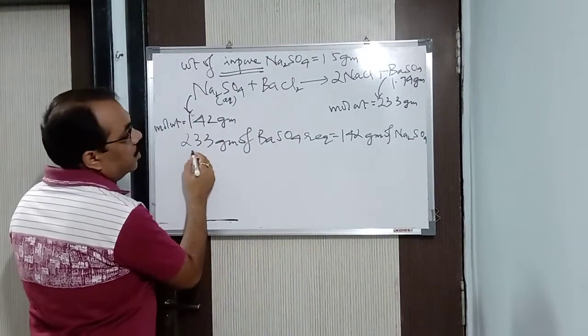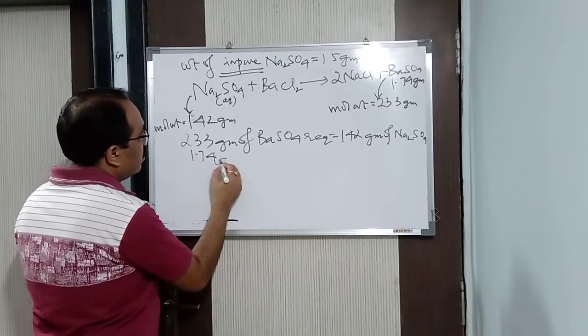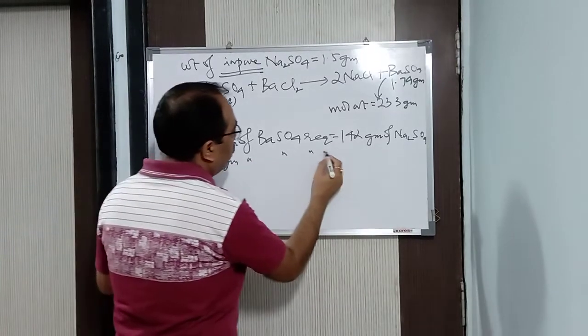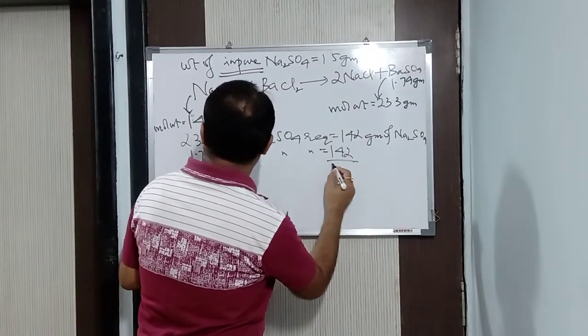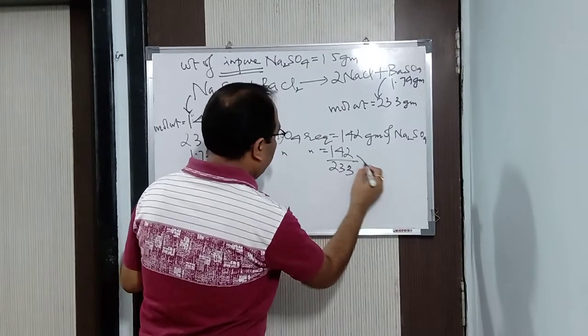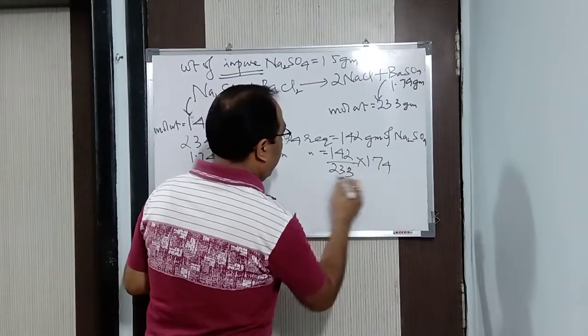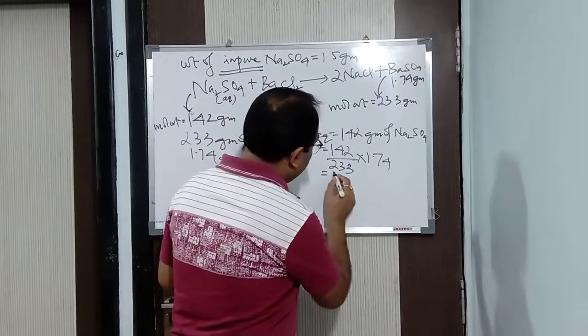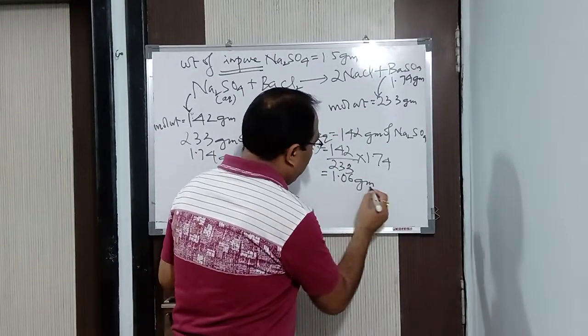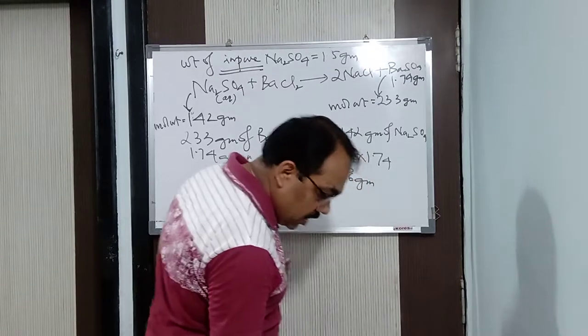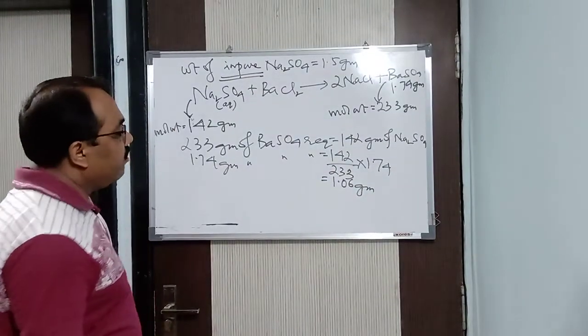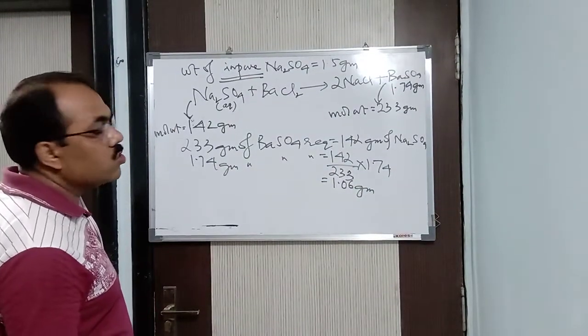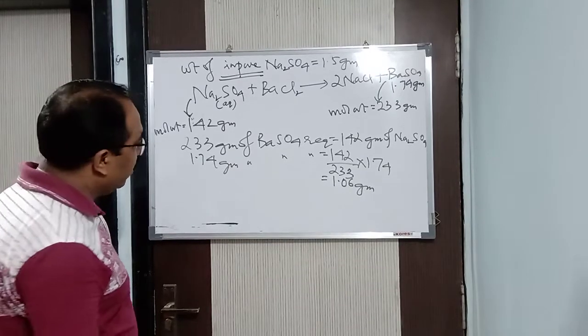Now, how much is given to you? 1.74 gram of barium sulfate requires how much? 142 by 233 into 1.74. The weight comes to be as 1.06 gram. Now this is the weight of which? Pure sodium sulfate.